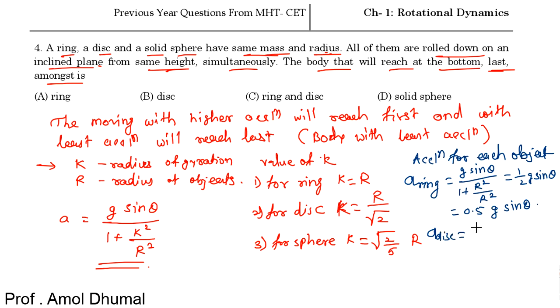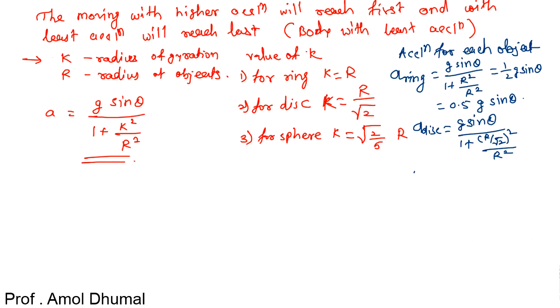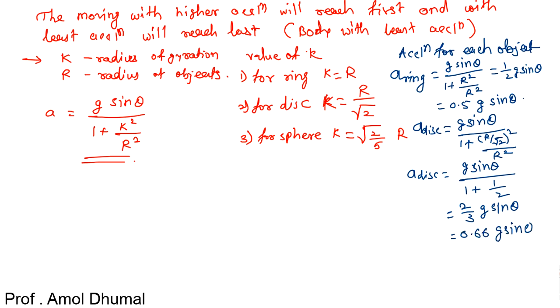A disk is g sin theta upon 1 plus the value of k, r by root 2 bracket square, upon r square. By solving this, a disk is equal to g sin theta upon 1 plus 1 by 2, which is equal to 2 by 3 g sin theta. So 2 by 3 is 0.66 g sin theta.